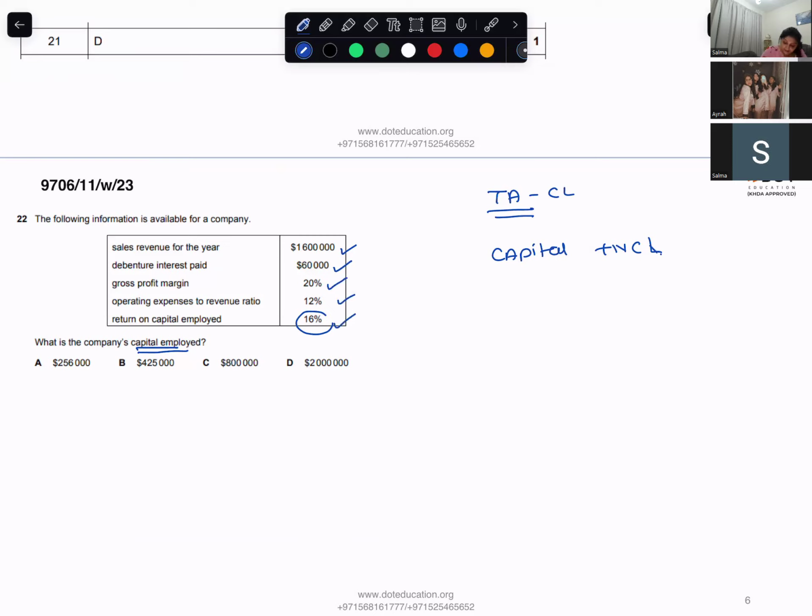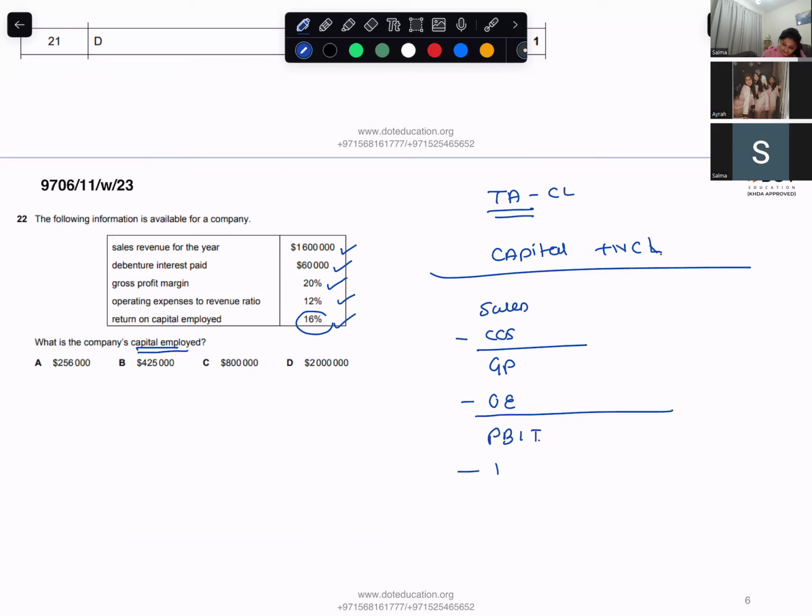I know sales minus cost of sales is going to give me gross profit. Gross profit minus other expenses is going to give me profit before interest and tax. Minus interest. Another thing, what is the formula for ROCE?